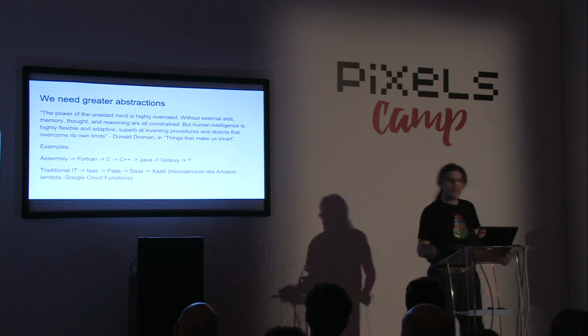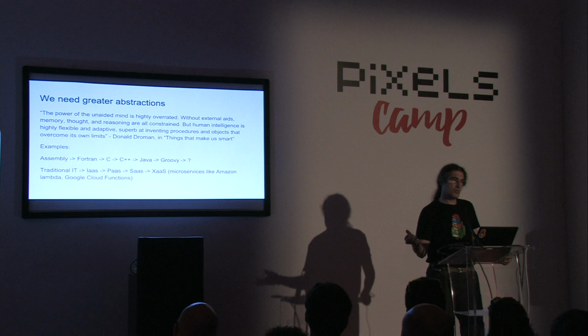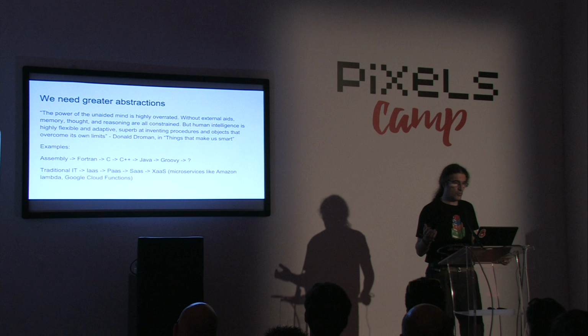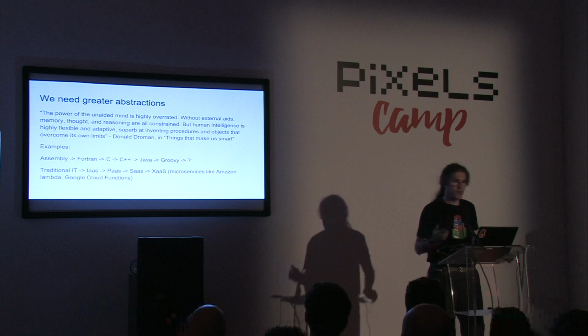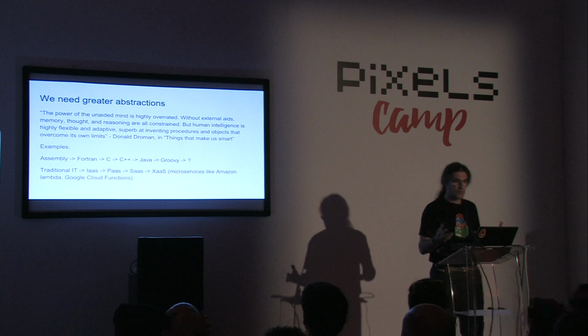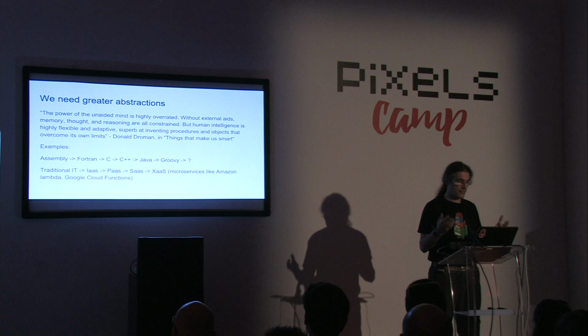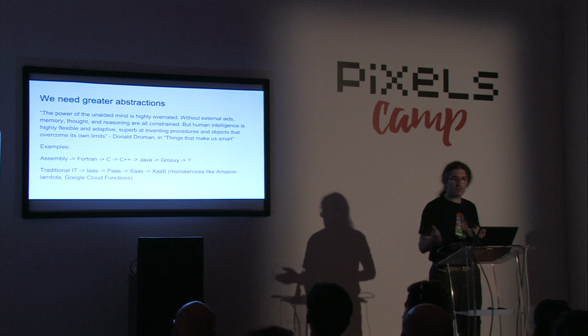And we see this trend even with the hardware technology. So in the beginning, you would have the traditional IT where you would have to pick up your own machine, install the operating system, your frameworks and everything else. But then you don't want to deal with that, and you move to infrastructure as a service.